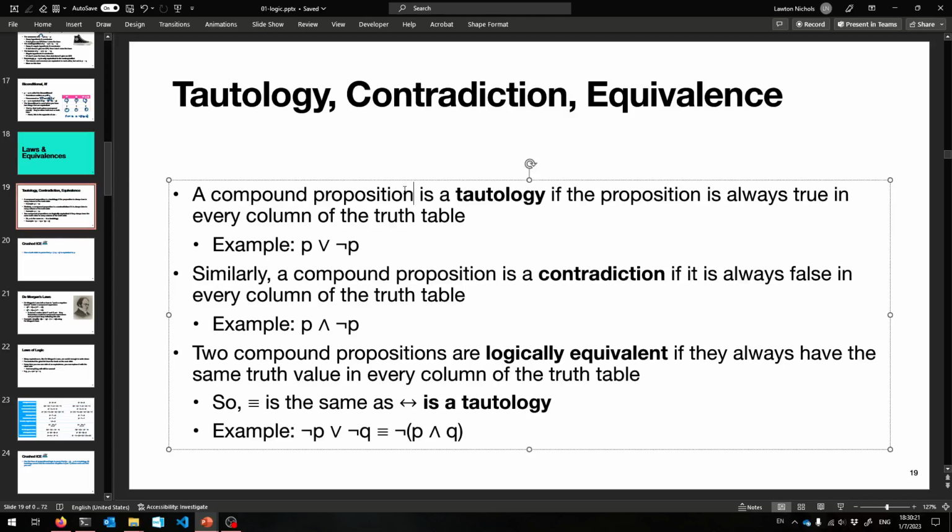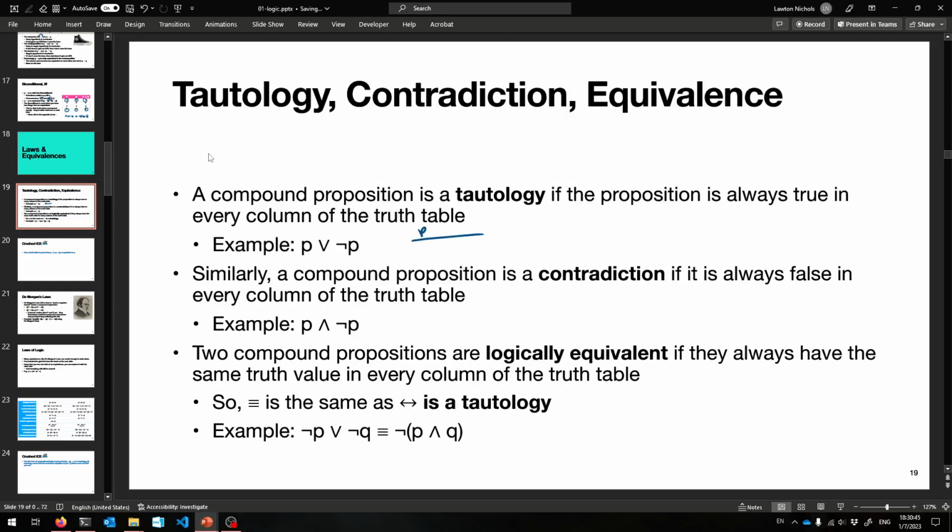If you have a big proposition with a bunch of stuff combined with all these operators, you can call it a tautology if the proposition is always true in every single column of the truth table. So a tautology is when the answer is always true. P ORed with not P, for example, is called a tautology. If you make a truth table, what's P?